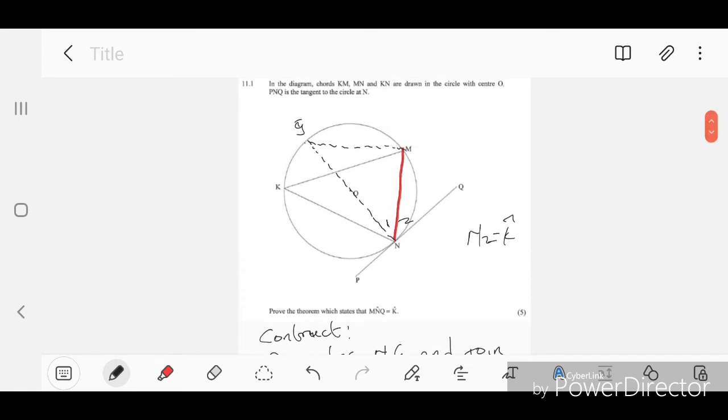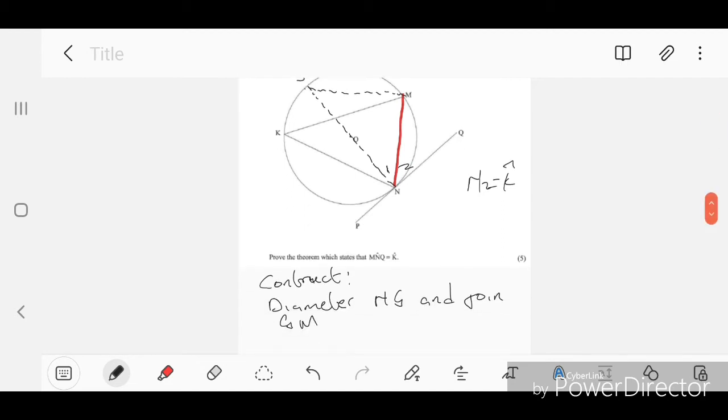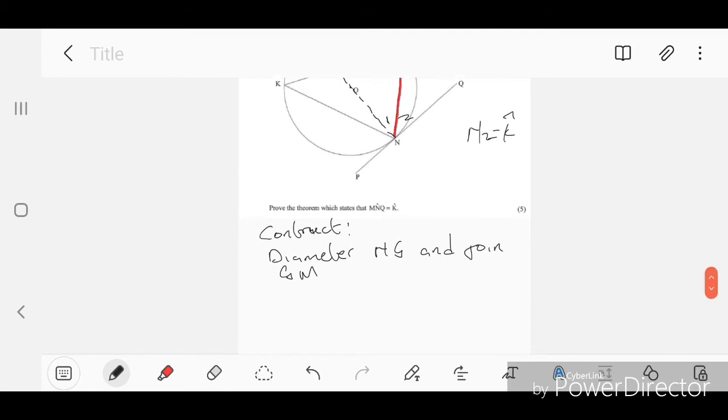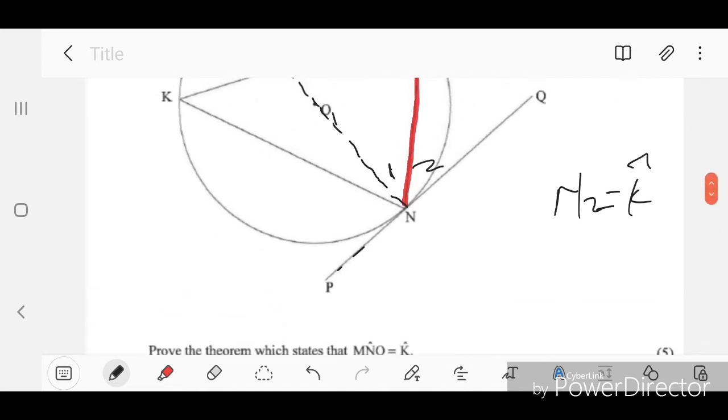You construct NG and join GM, and then afterwards you say that N1 plus N2 equals 90 degrees. You can see by yourself that this is a diameter, same as a radius, and a chord. We know that a radius is perpendicular to the tangent.